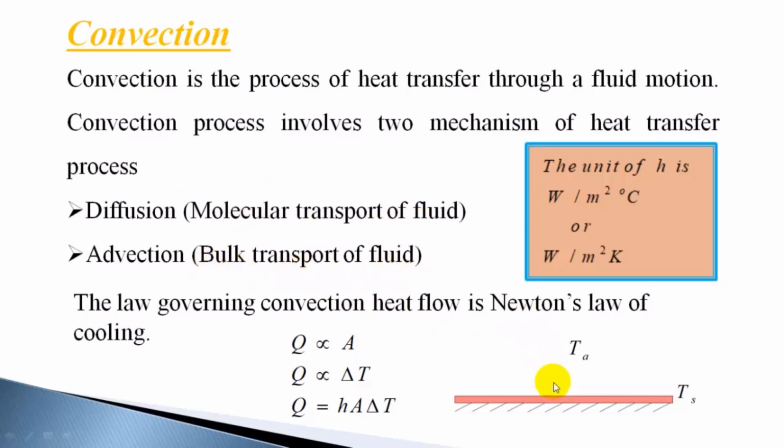Advection is bulk movement of fluid by any convection current. The law governing convection heat transfer is Newton's law of cooling. It states that the heat convection is directly proportional to the surface area and also proportional to the temperature difference between the surface and the fluid.